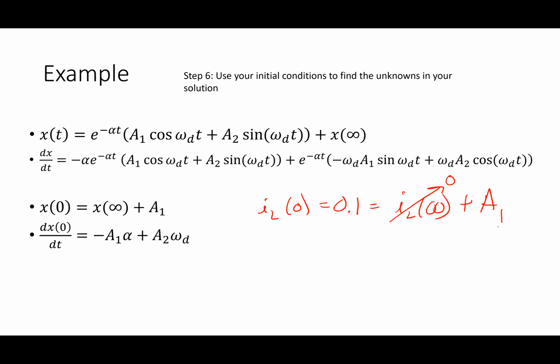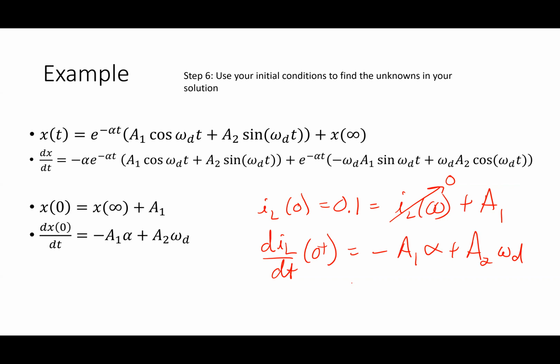What does that tell me that A1 is right off the bat? 0.1. Now, I also have that dIL/dt of 0 plus is equal to negative A1 alpha plus A2 times omega d. Now, it's 2 equations and 2 unknowns. I already know one of the unknowns, so I can just plug everything in here.